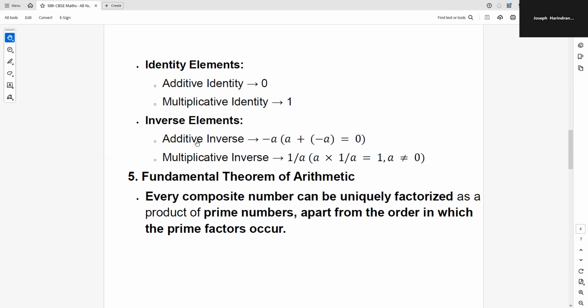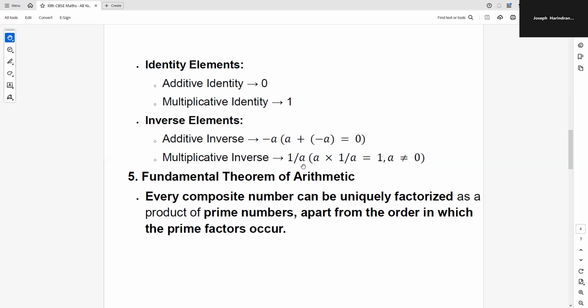Inverse elements. Additive inverse, negative a, minus a. Negative a is the additive inverse of a, because when you add negative a and positive a, you will get 0. That is why it is called additive inverse. Multiplicative inverse, on the other hand, is the reciprocal.